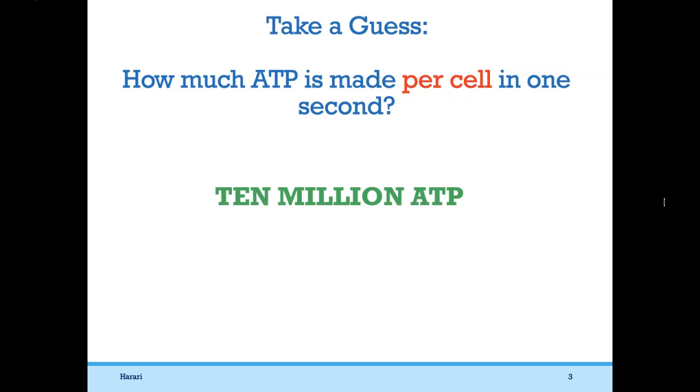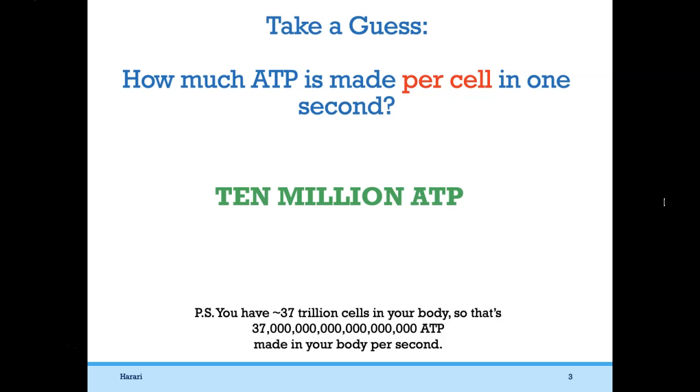Again, impossible to imagine. You have about 37 trillion cells in your body. So that means every single second, you're making about this number of ATPs. That's 37 with 18 zeros, or 3.7 times 10 to the 20th power of ATP molecules being made every single second in your body.